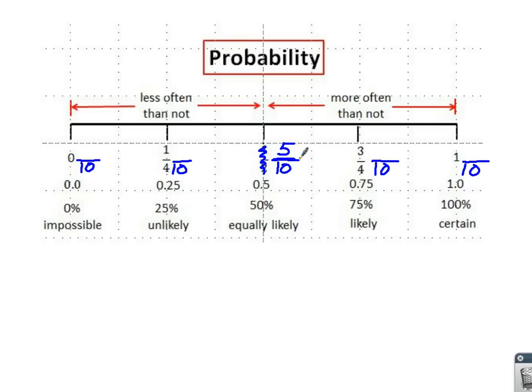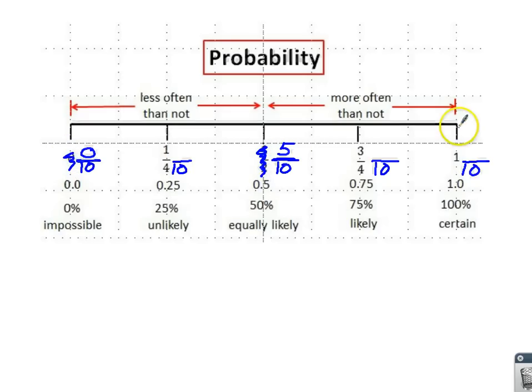And I think maybe going over on the edges would be the next easiest thing for us to do. So if I have a 0 and my denominator is 10, my numerator would have to be 0 because 0 divided by anything is equal to 0. So we have 0/10 representing 0. We have 5/10 representing 1/2.